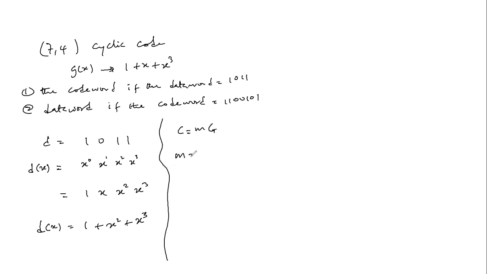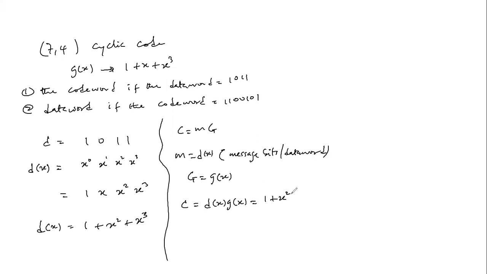So the message will be the same as d(x), which is the message bit or data word, such that G is the same as g(x), the generator polynomial given, so that the code word will be the same as d(x) g(x), which is the same as 1 plus x squared plus x cubed times 1 plus x plus x cubed.